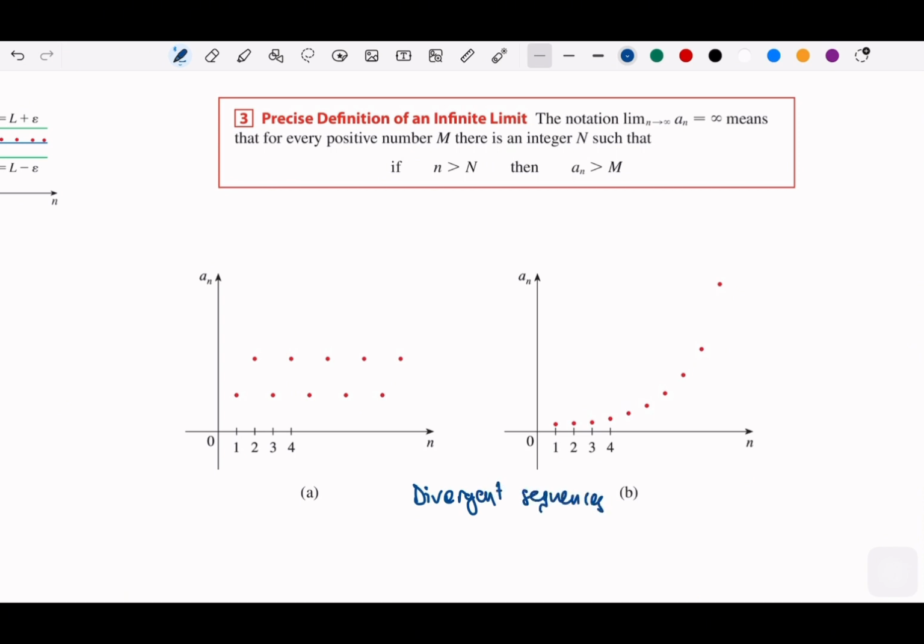It oscillates, and we never conclude what it is. It is never going to settle on one value. The other one is going to increase and increase, and we are unable to control it. We cannot control it.